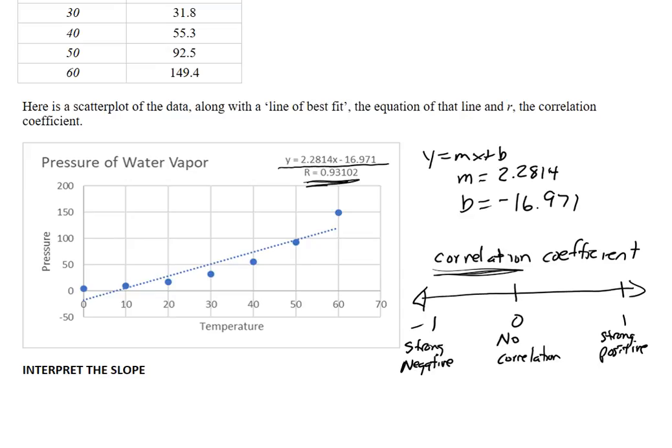Okay? So our r in this case is 0.931. So one of the things we're going to do is interpret what that means. Okay, so we've got our line of best fit, or least squares line, regression line, trend line, given lots of different names.